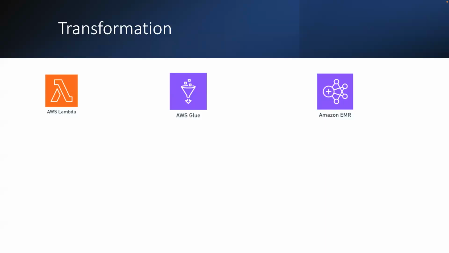It allows you to configure more powerful instance types and different numbers of nodes, and you can use a bunch of different frameworks like HBase and Hadoop. You can use EMR for that.